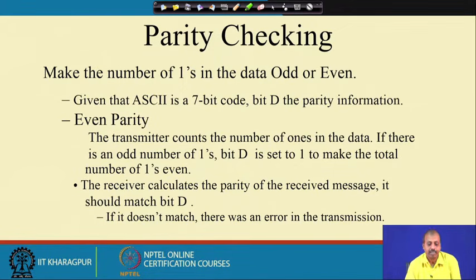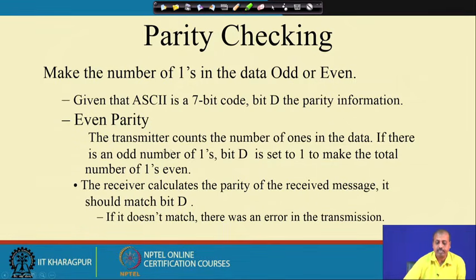As far as parity checking is concerned, while transmitting the data bits, we make the number of ones in the data odd or even. If the ASCII code is a 7-bit code, another bit D can be added for the parity information.